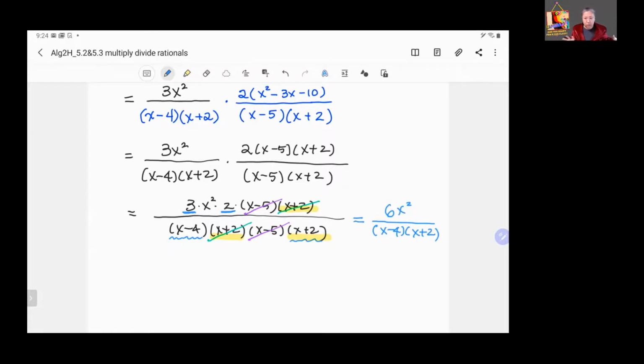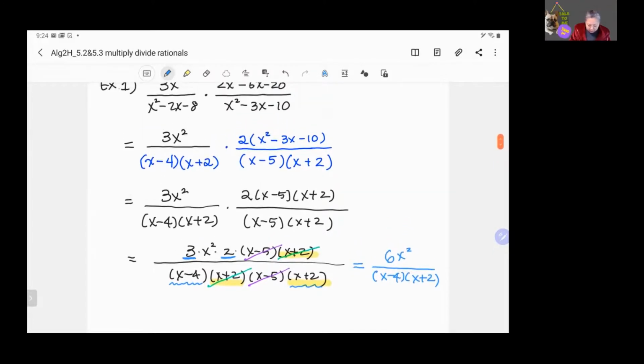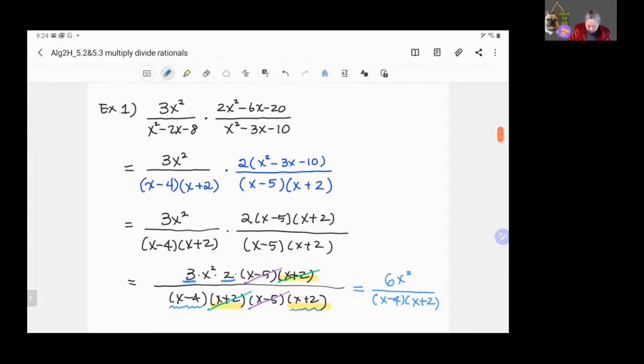We needed to go back. Simplified form? Yeah, but after we simplify, we get this one. So in this case, the excluded values are only 4 and -2. But we simplified along the way, and originally what we were given was this.